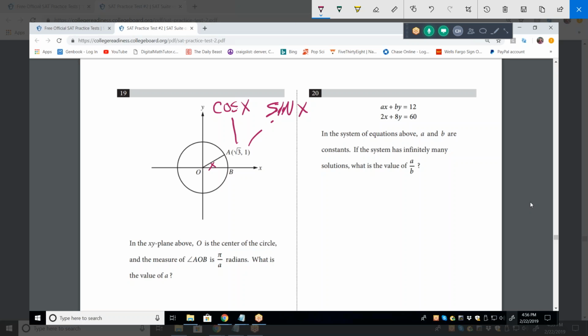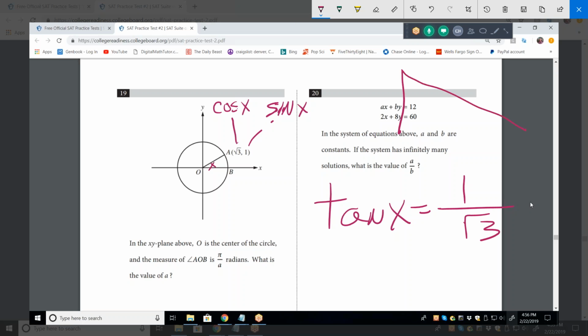So then the tangent is the sine over cosine. And the sine is 1, cosine is root 3. Correct? Yes. Okay. Now if we go back and we look at our special triangle that has a root 3 in it, it's the 30/60. There's a 1, a root 3, and a 2.